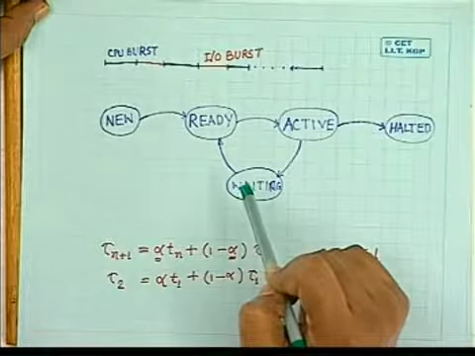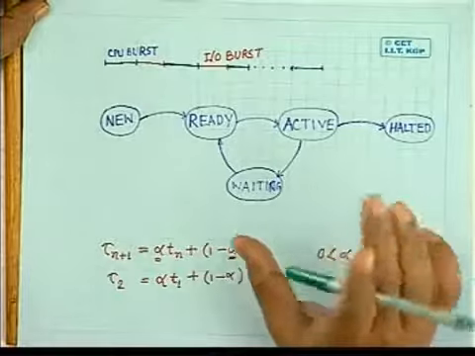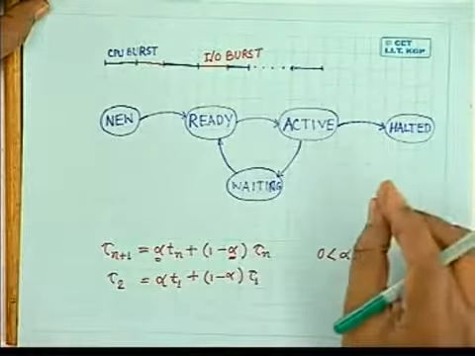Because a job requiring a CPU burst time of say 5 milliseconds has been executed for 1 millisecond. After that, the job has been preempted. That means it needs another 4 milliseconds of CPU time for completion of its CPU burst. So even for that much remaining CPU burst time, it has to be in the ready queue.